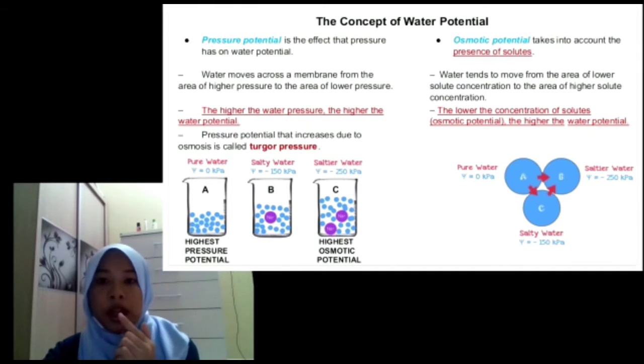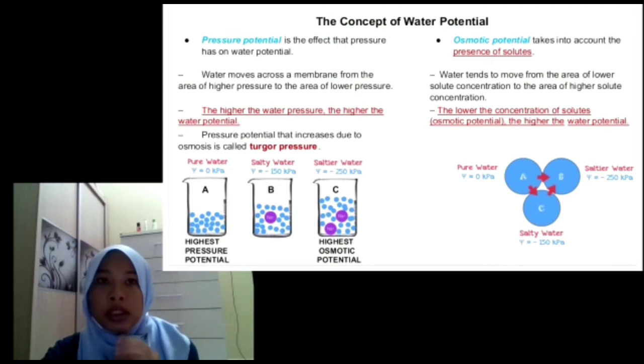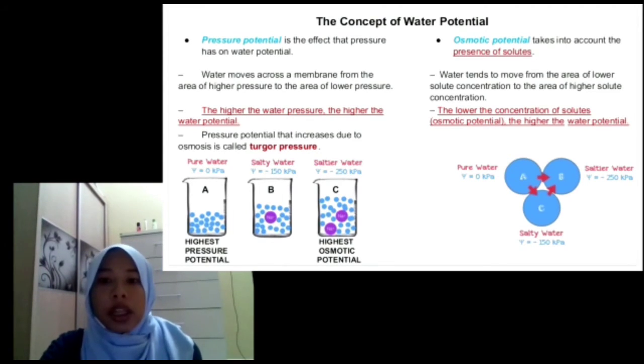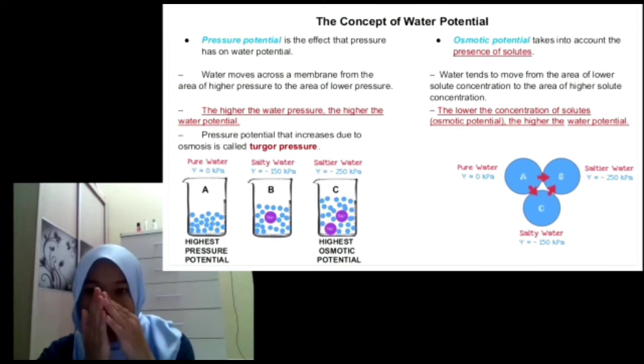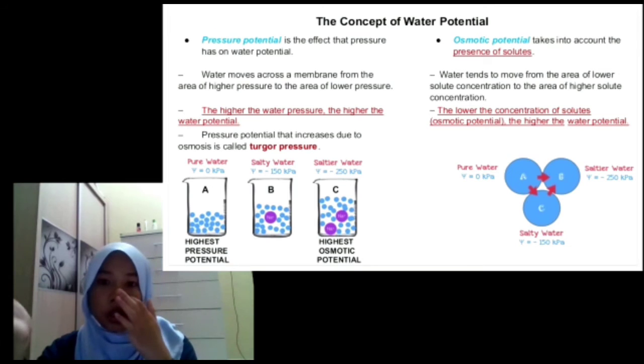Okay, the next point is the osmotic potential. The osmotic potential takes into account the presence of solutes like salt, sugar, and other solutes. The water tends to move from the area of lower solute concentration to the area of higher solute concentration.